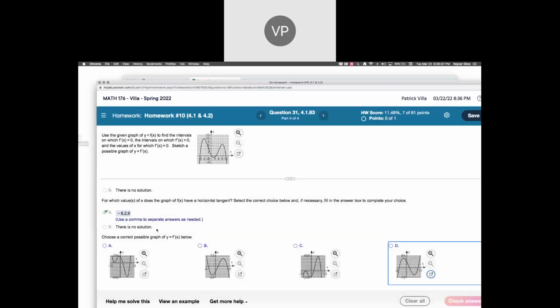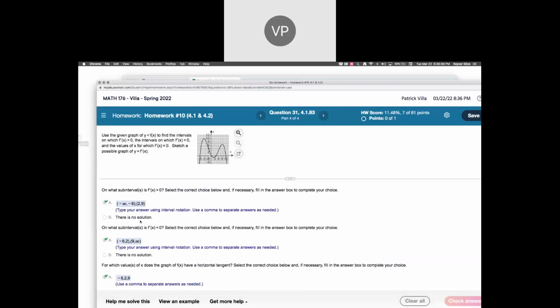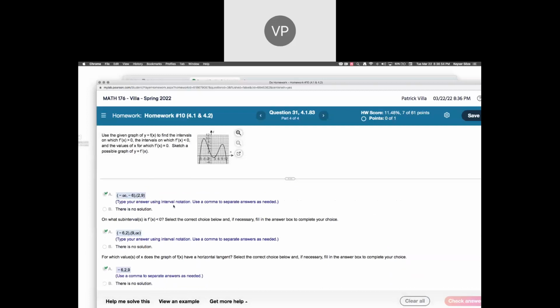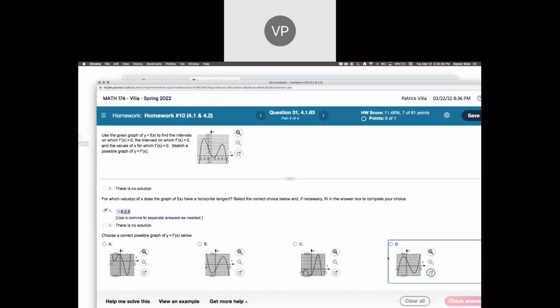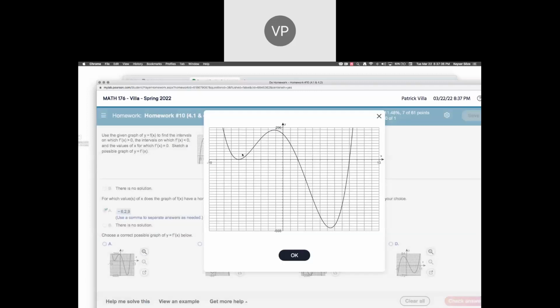Now the other part that's awkward is, where is the derivative increasing? It's increasing all the way up to -6 and then also between 2 and 9. These pictures aren't going to look like they're increasing. These are pictures where the graph is above the x-axis. So between negative infinity and -6, it should be above the axis, and sure enough, it is.